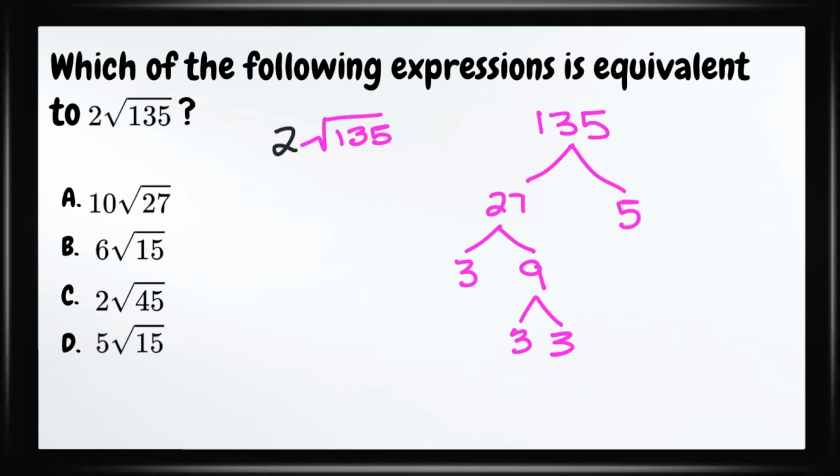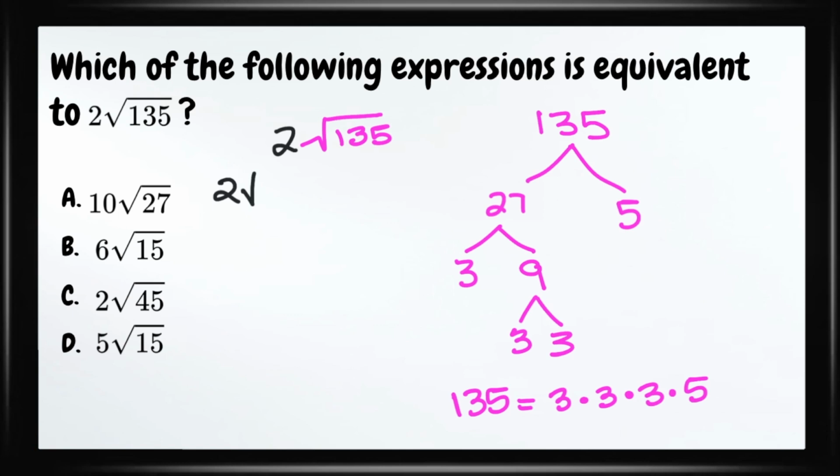So what this means is that 135 is the same as saying 3 times 3 times 3 times 5. Up here, we still have a 2.